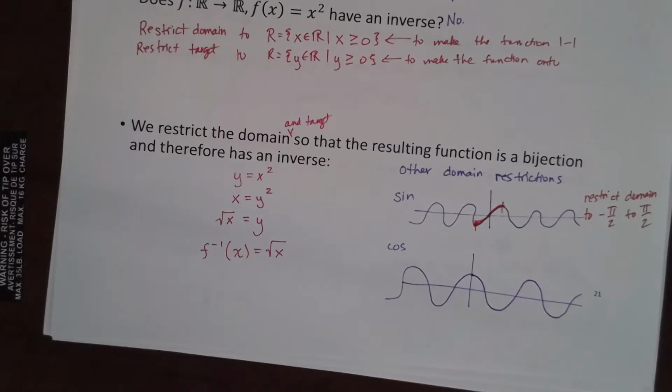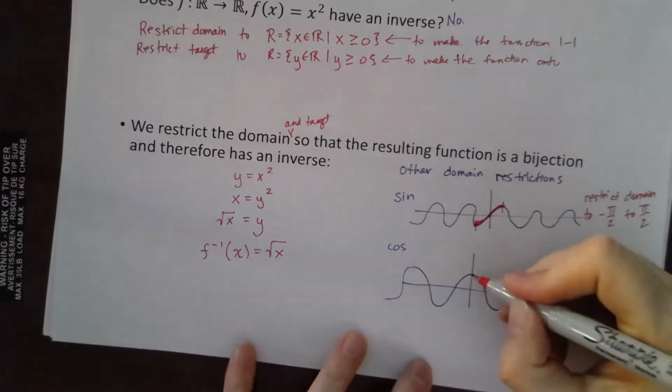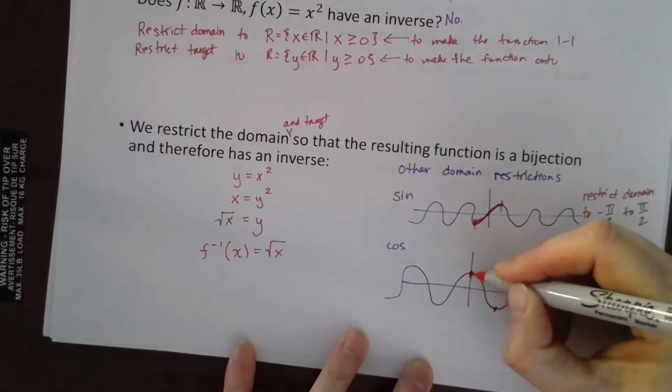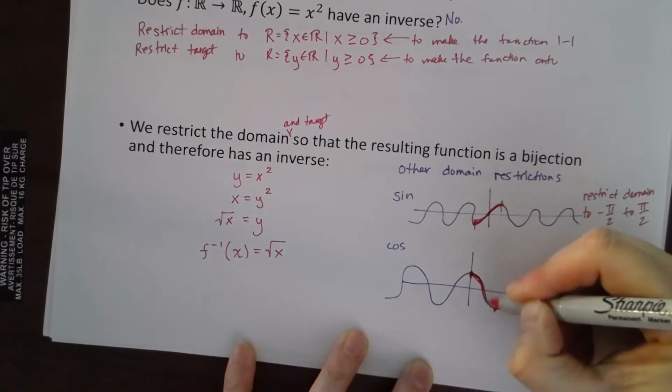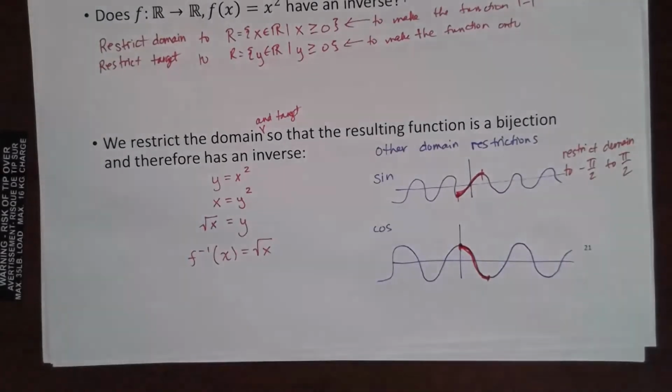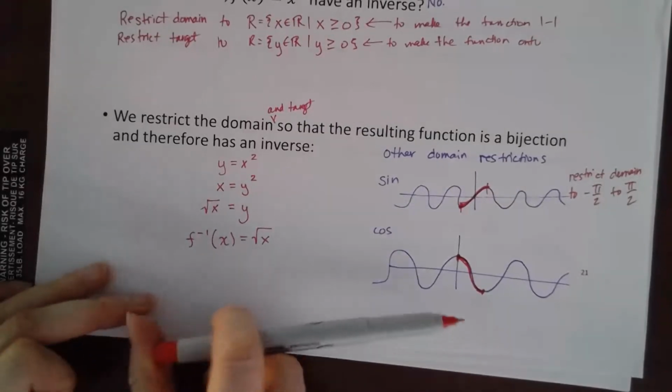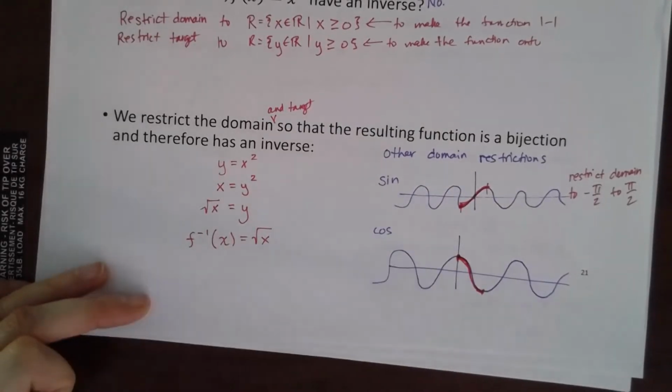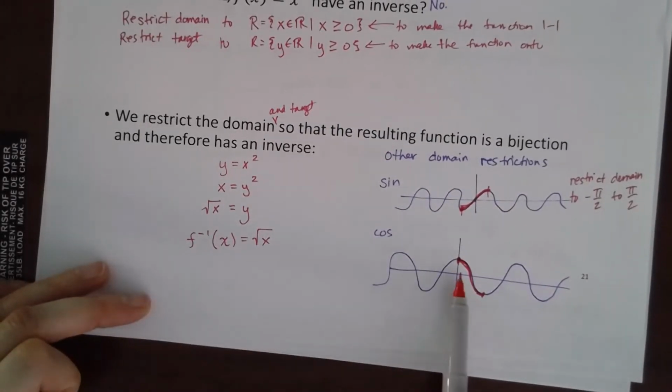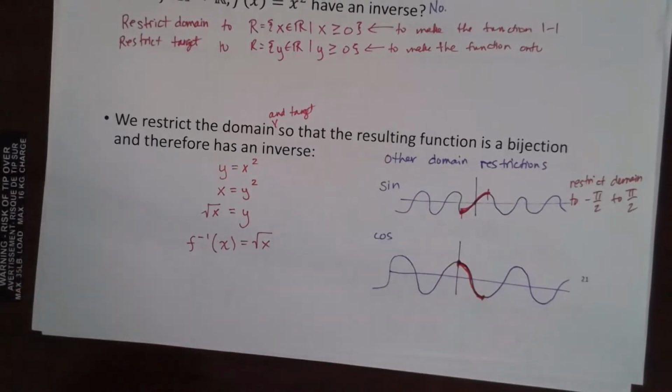And so for the cosine, where do I restrict the domain to make it invertible? Yeah, this one is 0 to pi. So this one goes from 0 to pi right there. And that would give me every value from -1 to 1. But I just restrict it to the red portion.